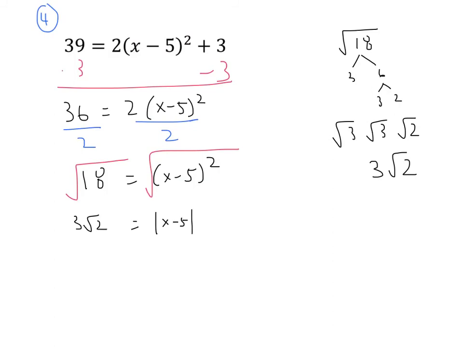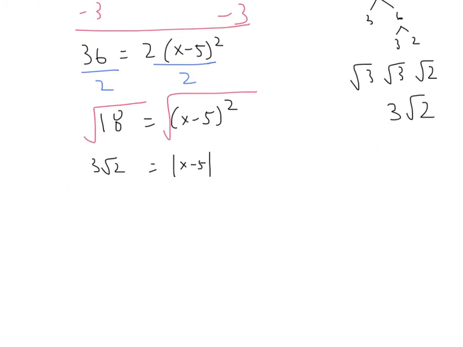All right, so now we have this absolute value equation. 3 radical 2 is equal to the absolute value of x minus 5. And what that is saying is that x minus 5 is 3 radical 2 spaces away from 0. Let me draw a little number line so you can visualize this again. So here's 0.